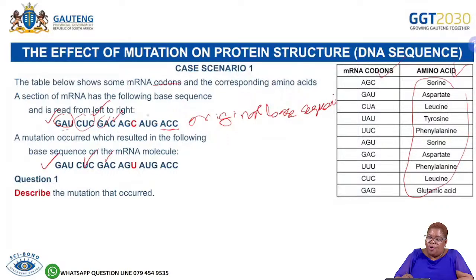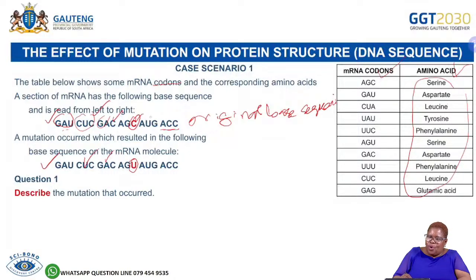And then the fourth, we've got AGC, and then we've got AGU. This must tell you something. So it means on the fourth codon, the C was replaced by U. Then you start to ask yourself, oh, they have changed. Remember, I've mentioned that it doesn't mean after mutation, all the time you're going to get a different protein being formed.